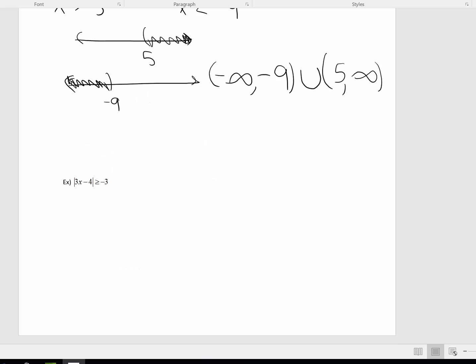Okay, one other example. Again, the absolute value bars are already by themselves and it's greater than or equal to. So it's an or statement. So let's write it out. Okay, so solve each inequality.